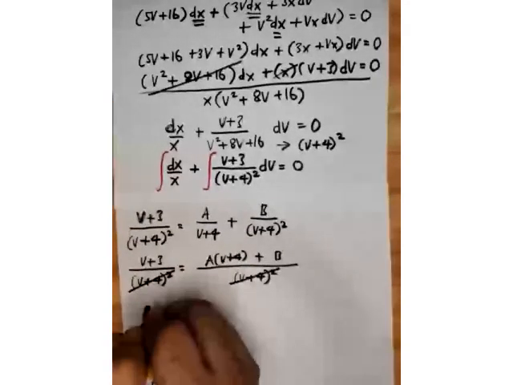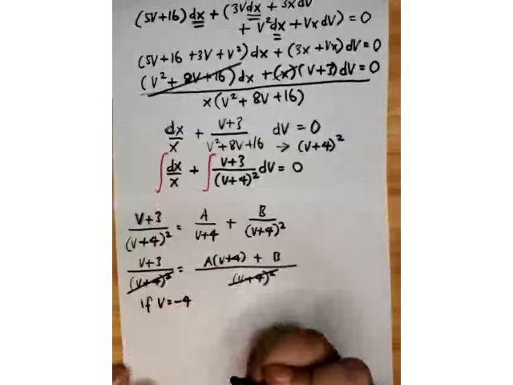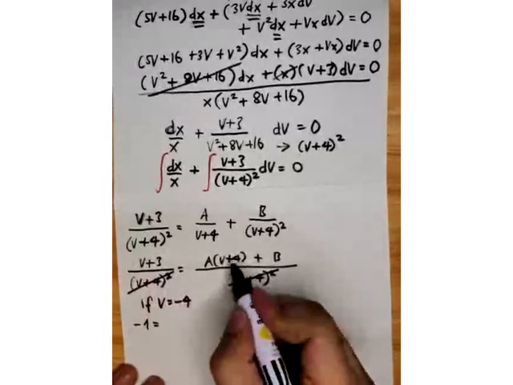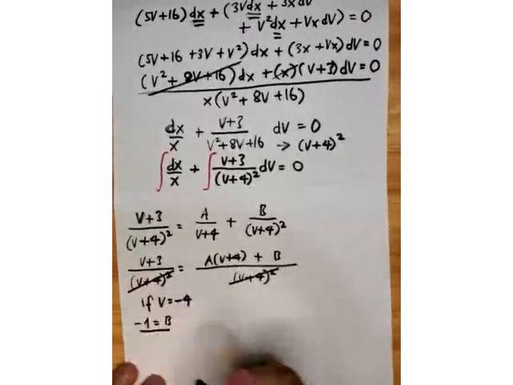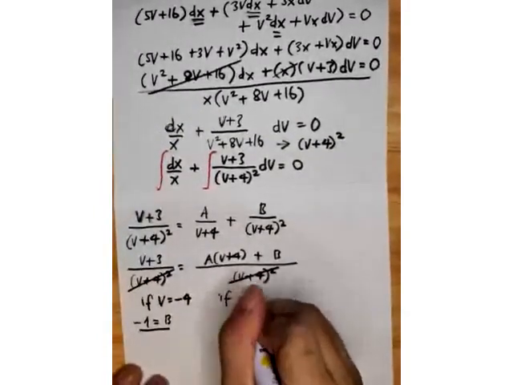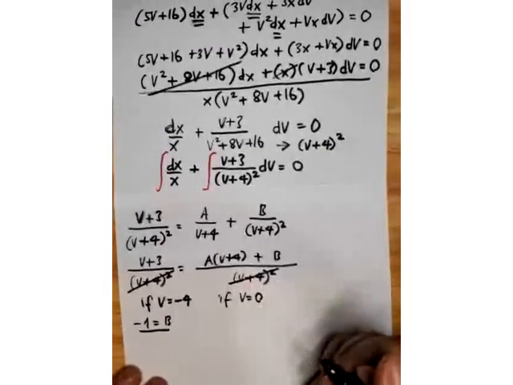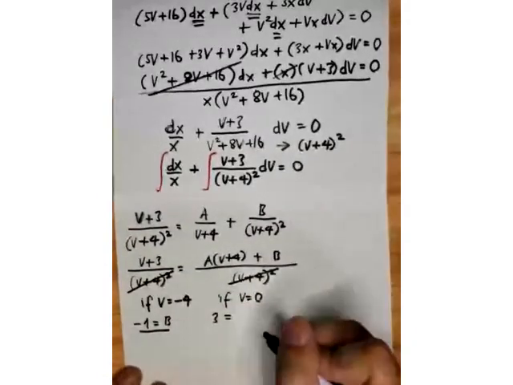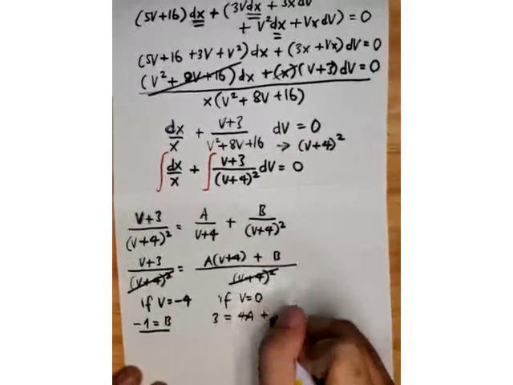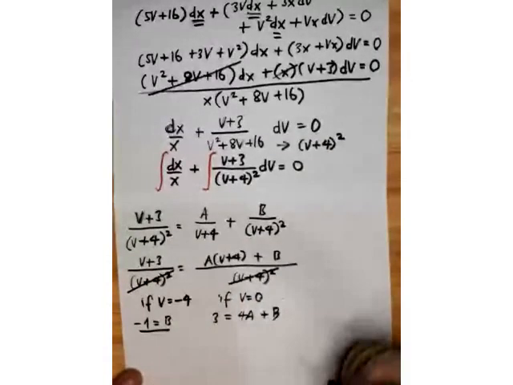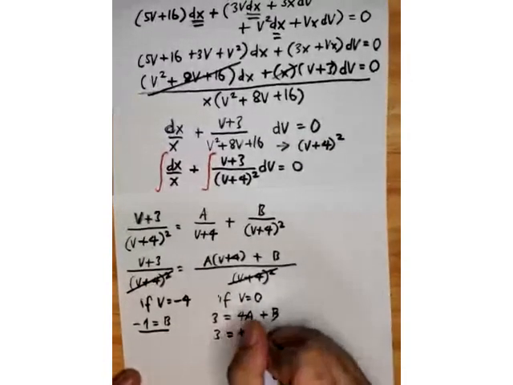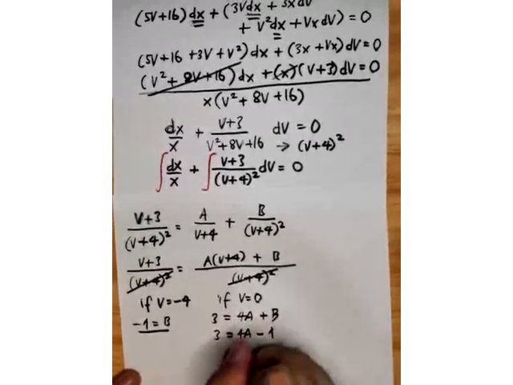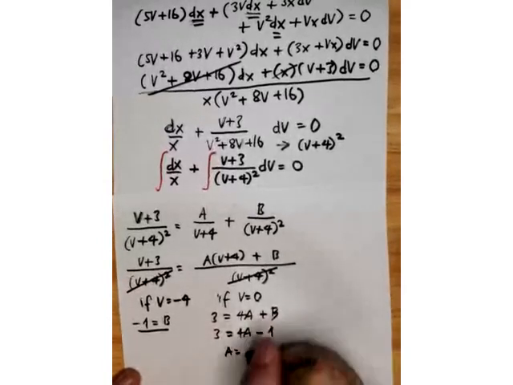Ayan. So if v is equal to negative 4, so this is negative 1, that's equal to 0 plus b. So b is equal to negative 1. Then if v is equal to 0, we'll have 3 is equal to 4a plus b. So that's 3 is equal to 4a minus 1, or a is equal to 1.